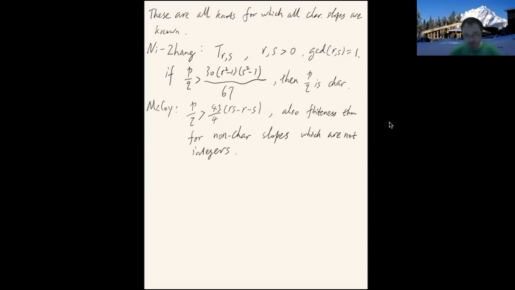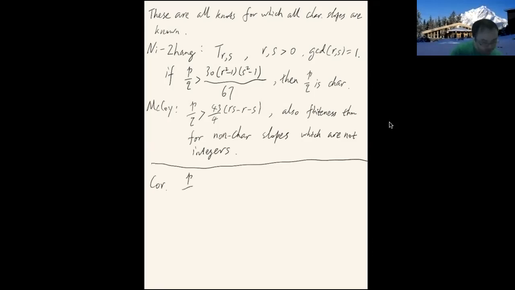So on one hand he got a better bound for positive characterizing slopes, and he also proved a finiteness theorem for non-characterizing slopes which are not integers.